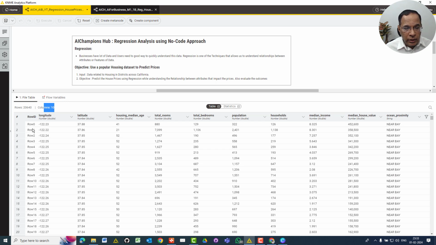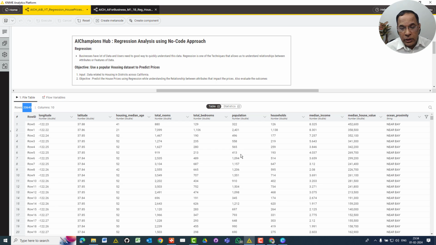So per each row is representing a district, and the averages and the median values in the district, right? So there are about 20,000 districts or so, 2640, and then these are my attributes. So what are the attributes that are given to us which are impacting the price? There are lat long parameters, the midpoint or whatever it is of the district, the median age of the house, total number of rooms, total bedrooms, population of the district.